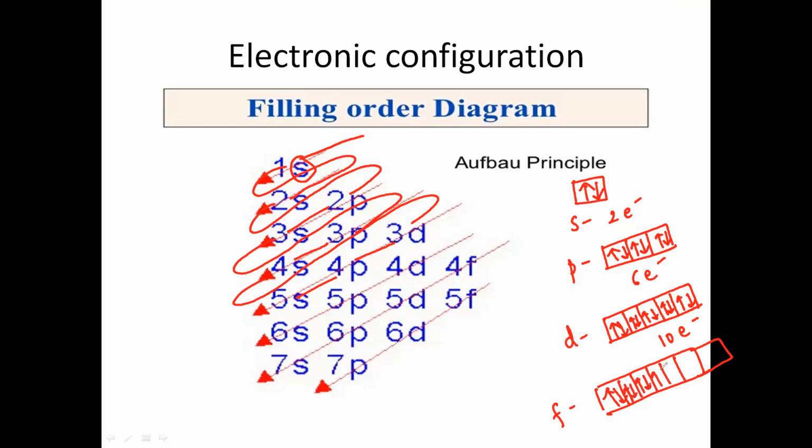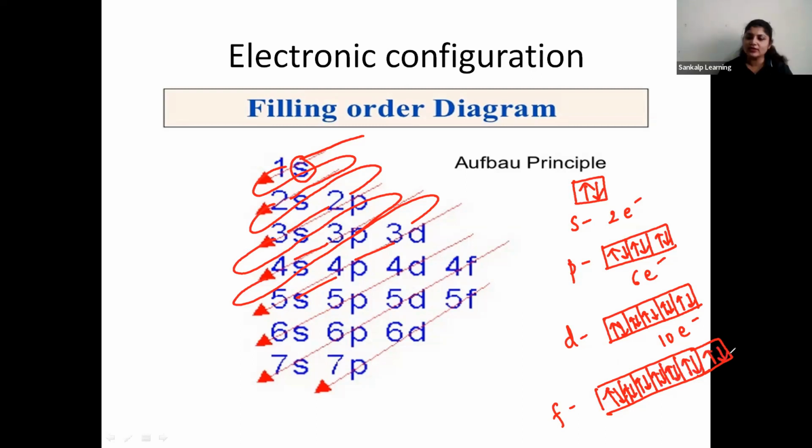Ma'am, can you tell the full form of SPDF? No, they are like this only: s block, p block, d block, f block. Just as K, L, M shells are represented, it is represented by these alphabets only. S means spherical shape, so the shape of this orbital will be spherical. You'll study this in higher classes.